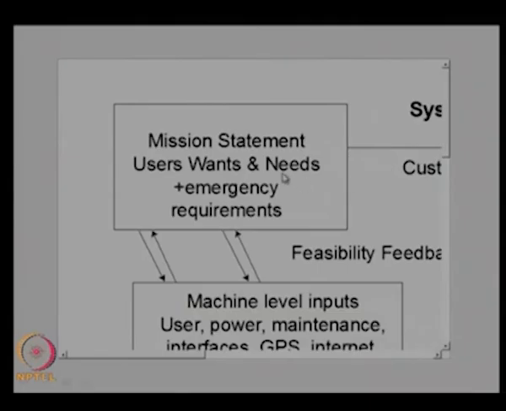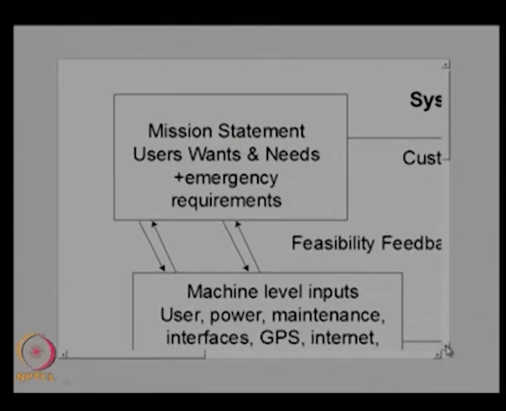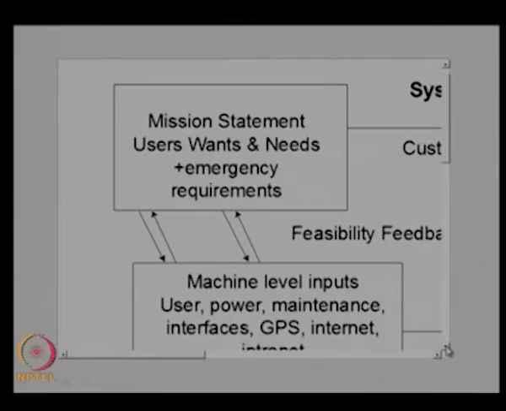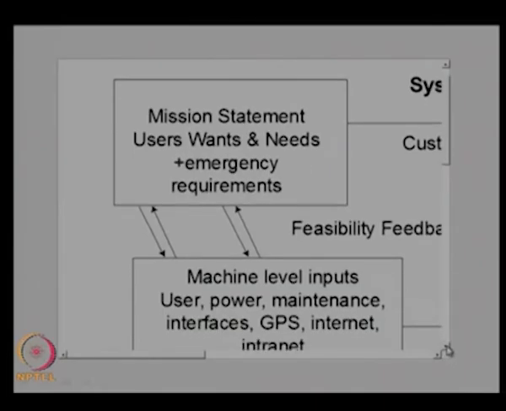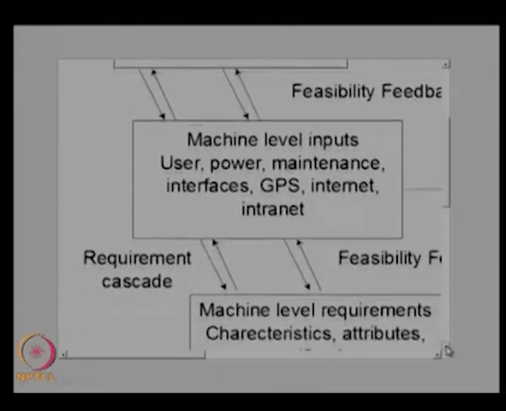So we start with the mission statement, user wants and needs plus emergency requirements, some of which we already identified, and then we go to the next level where we identify the machine level input requirements: user, power, maintenance and interfaces, then GPS, internet and intranet requirements.